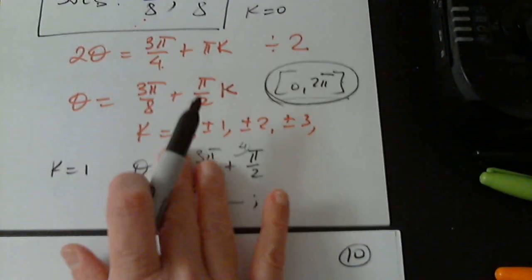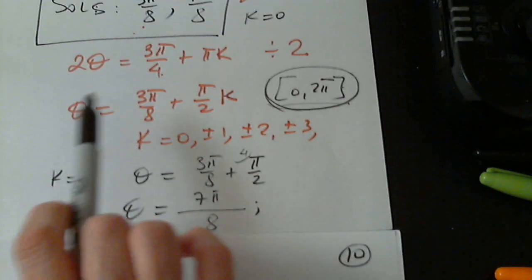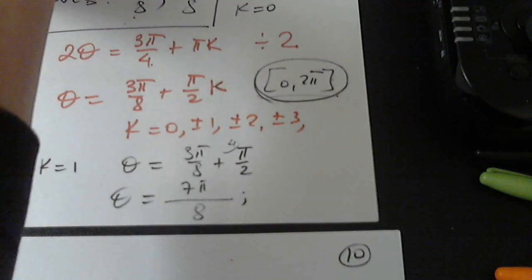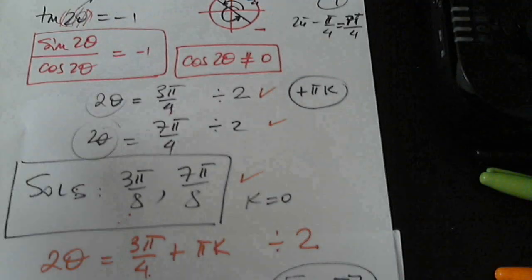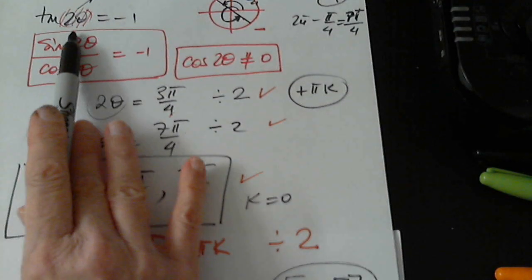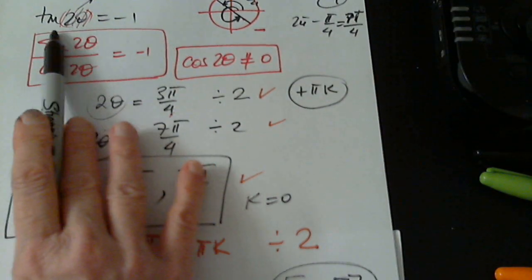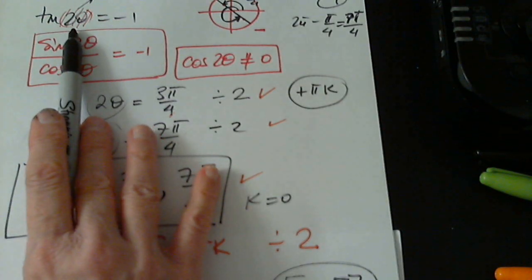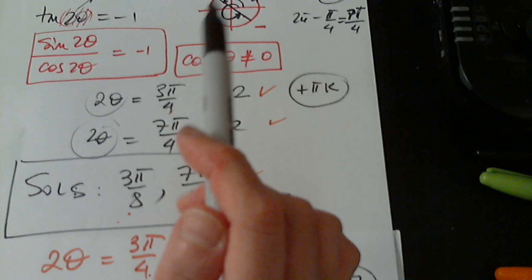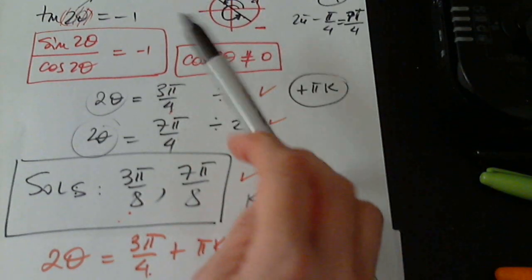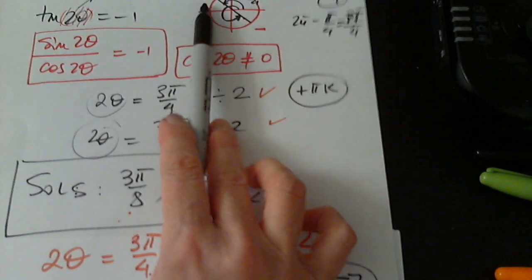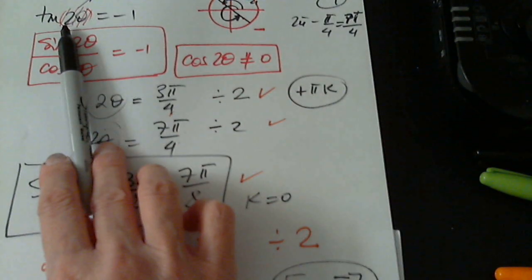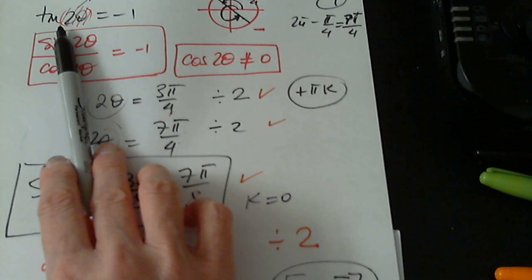Very good point. So let me answer again from the beginning to make sure it's clear. Because the period here is pi over 2, we will have one angle in the first quadrant, a second angle in the second quadrant, and so on and so forth.